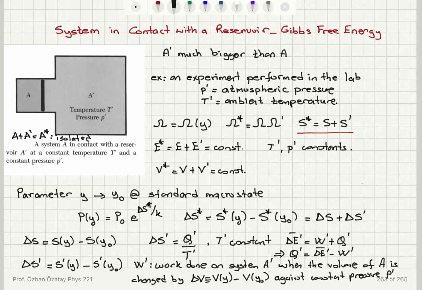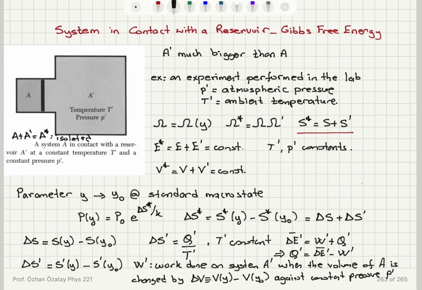Total energy is constant, total volume is constant, and the probability of a macroscopic parameter of A, let's say y, having a certain value is proportional to exponential of the change in entropy divided by k, with respect to a standard macrostate where y has a certain value, y0.